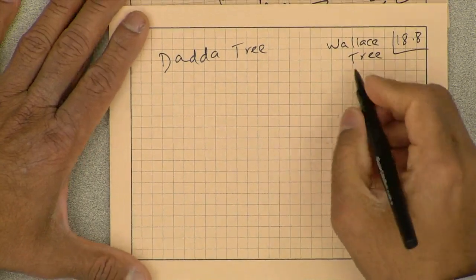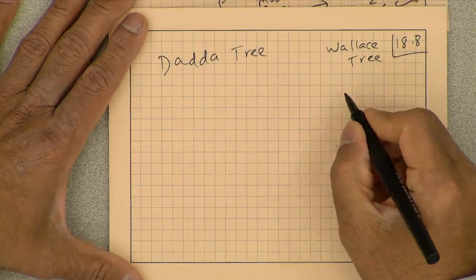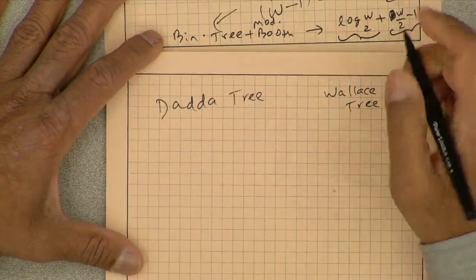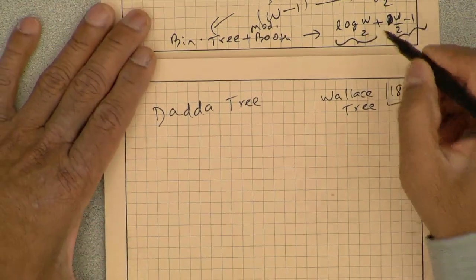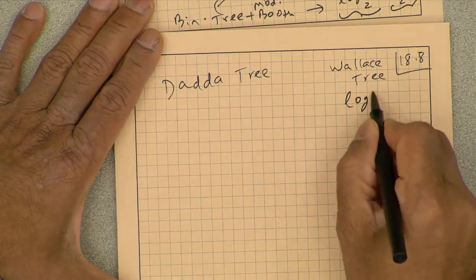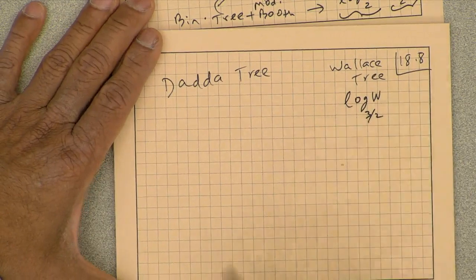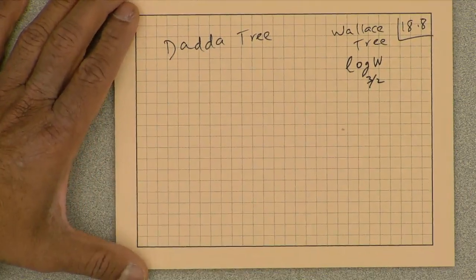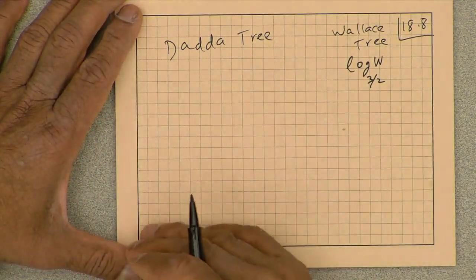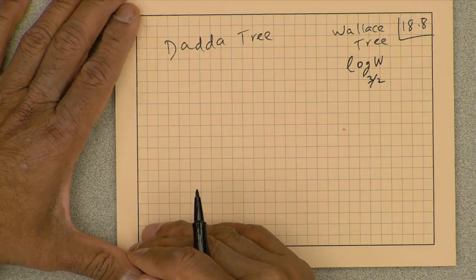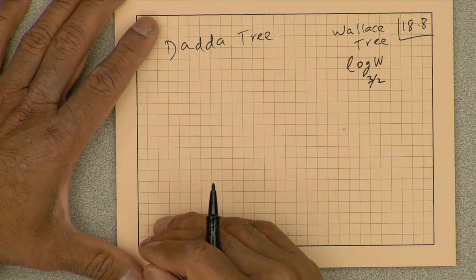A Wallace tree, as you will see, instead of reducing to log to base 2, reduces to log of W to base 3/2, because at each step of the divide and conquer, we take 3 rows and reduce them to 2 rows.